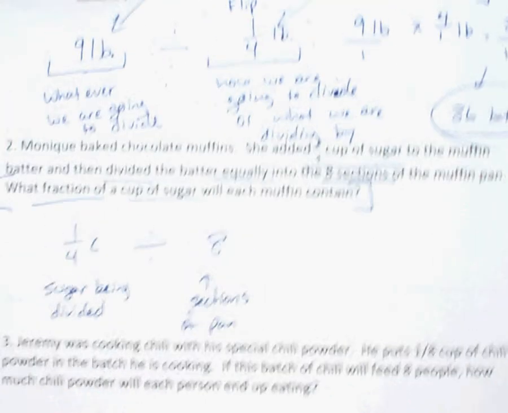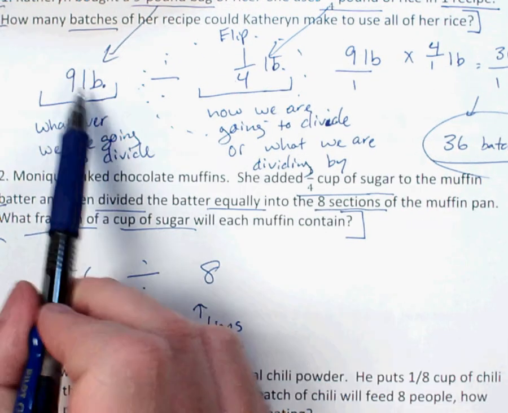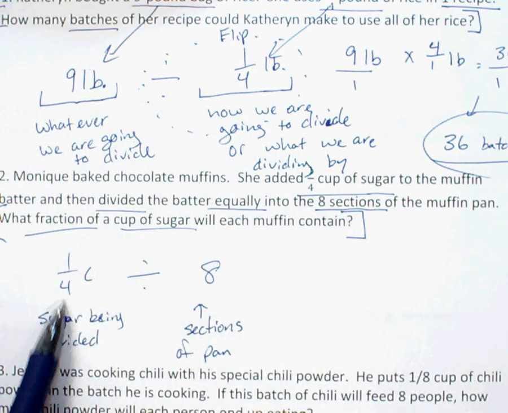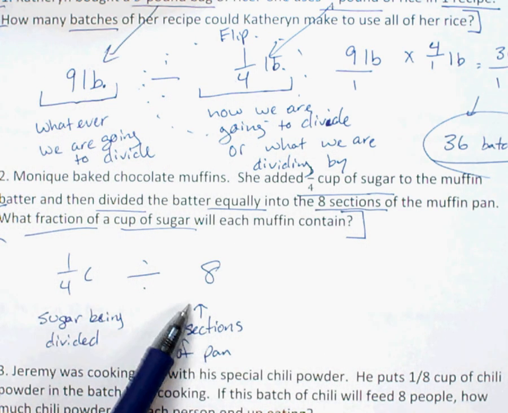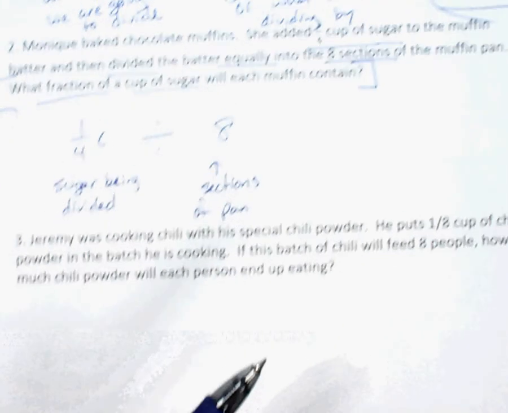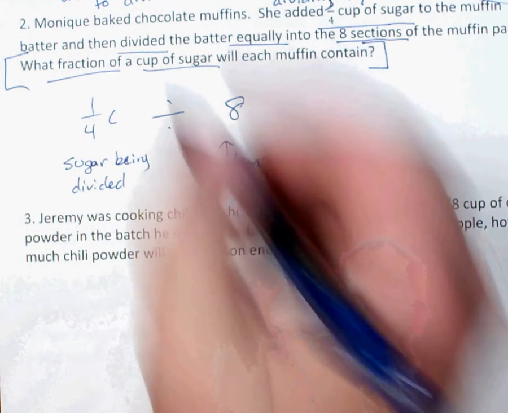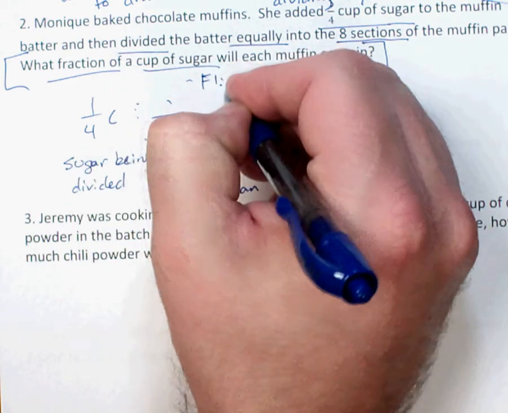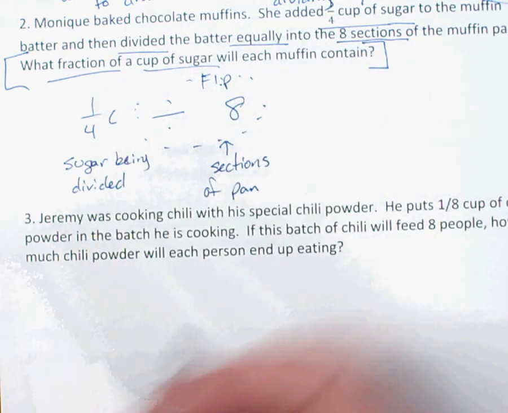Now this one's a little different because in the first problem we had a whole number that we were dividing by a fraction. This one we're dividing a fraction by a whole number. All right, but the process stays the same. Whatever we're dividing by, we're going to flip that and then change our division symbol to a multiplication symbol.